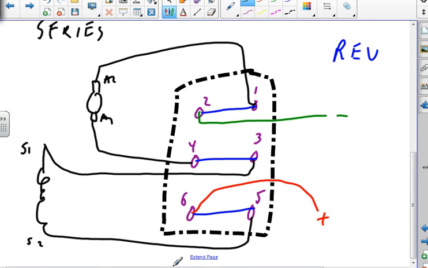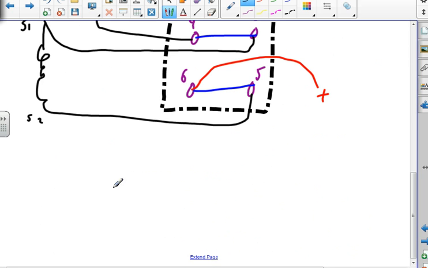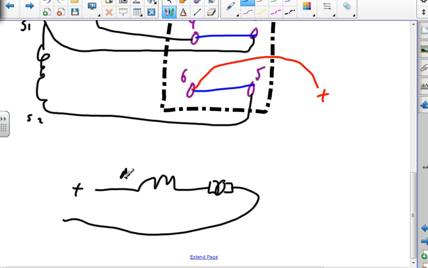I go positive into A2, out A1, into A1, out A2. So if I go S2, A1, S1, A2, A1, I'm going forward.